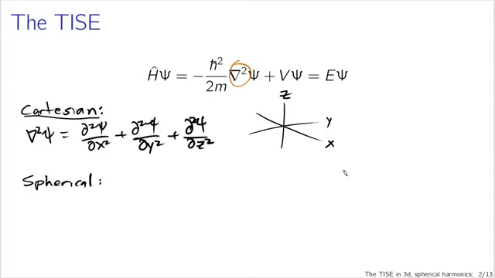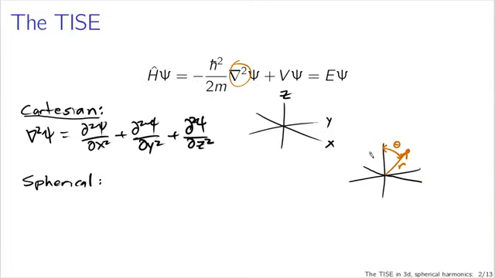If we're working in spherical coordinates, our coordinate system looks something like this. Just to draw a Cartesian coordinate system for reference, we're working with some point that is a distance r from the origin, and in physics we call the polar angle, which goes from the z-axis to the vector that goes from the origin to r, theta.